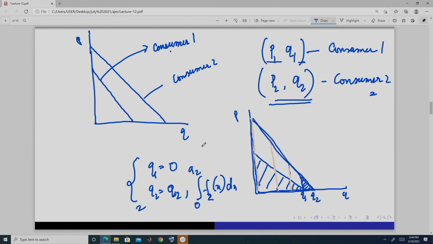And if the demand curves are of certain type, as we have seen in this situation, then it may happen that the monopolist is not selling any output to the low consumer whose willingness to pay is low, for this consumer whose demand curve is this. It is only selling to that consumer whose willingness to pay is high.